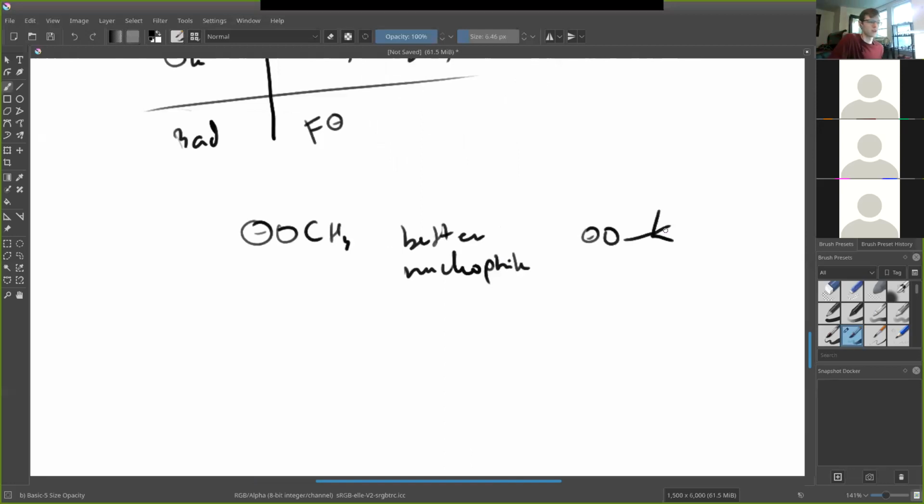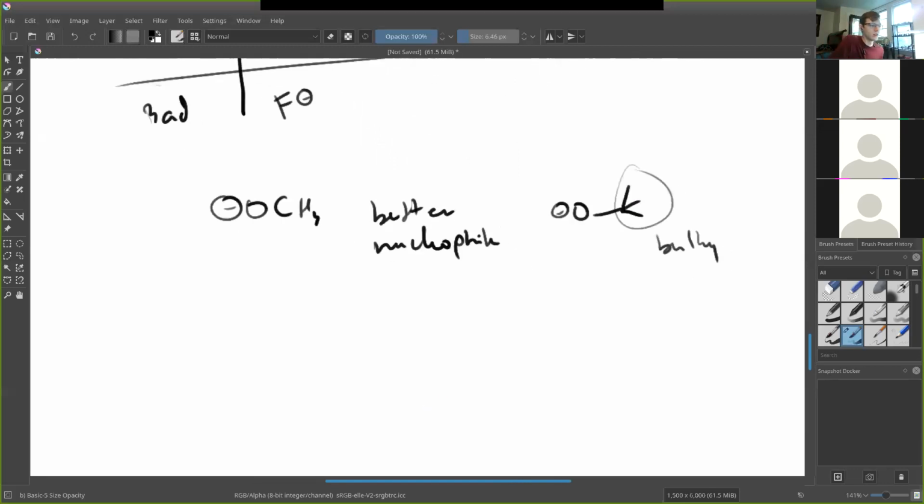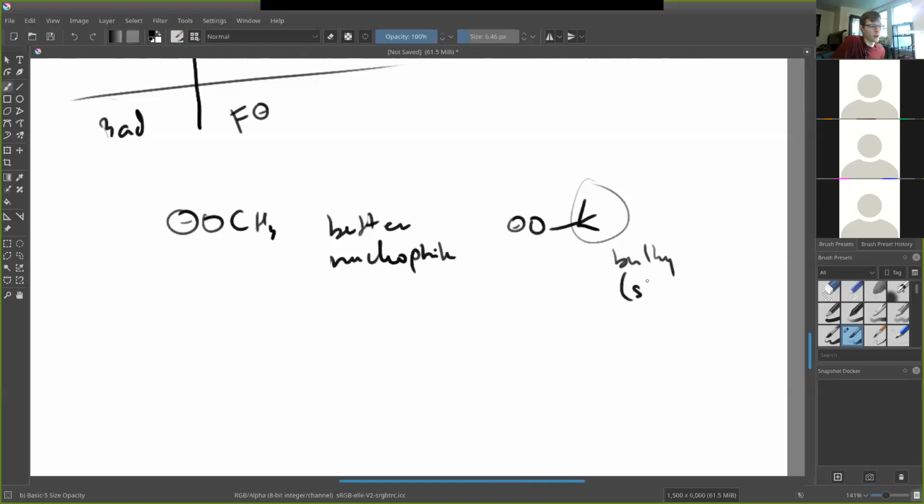This is bulky, and it has what we might call steric effects. Steric is just a word that refers to size. Whenever something is big, you say it has steric effects. It just means it's bulky, it gets in the way, it bumps into other stuff.